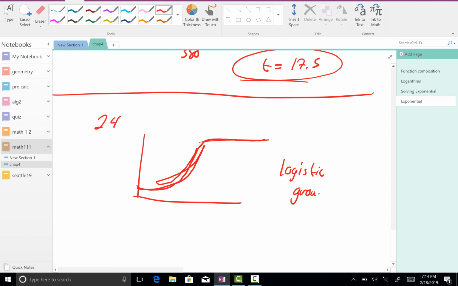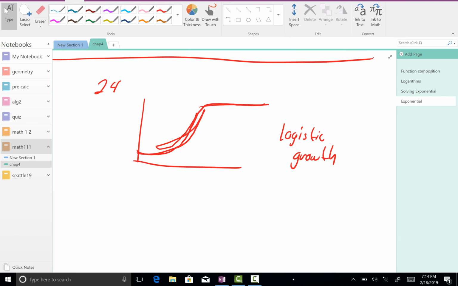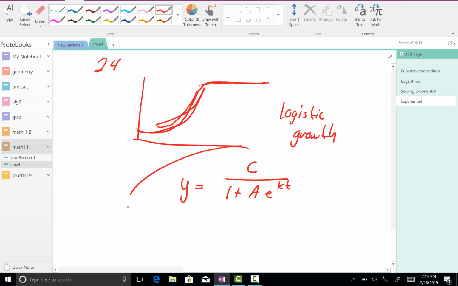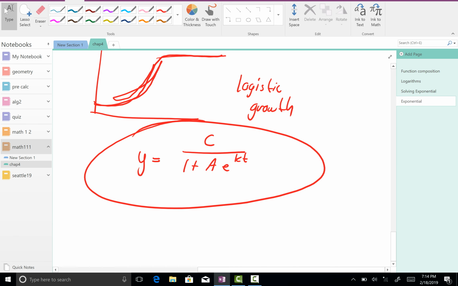If you looked at the review already, there's a problem on there with logistic growth. It looks like this. I think I used C on the top. So this is a logistic equation, all right? And C is what is called the carrying capacity.